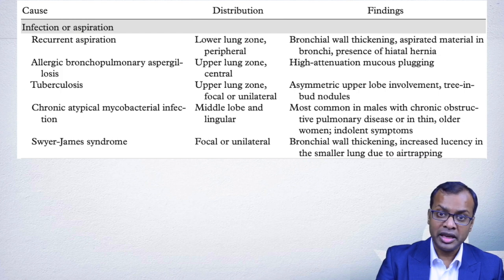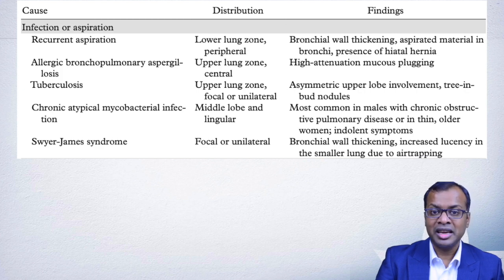The ABPA, the allergic bronchopulmonary aspergillosis, tends to be more upper lung zone and can have a perihilar distribution. Then you're looking at the infection of atypical mycobacterial, which is again in the mid zones. And if you're looking at Swyer-James, it tends to be unilateral or focal.